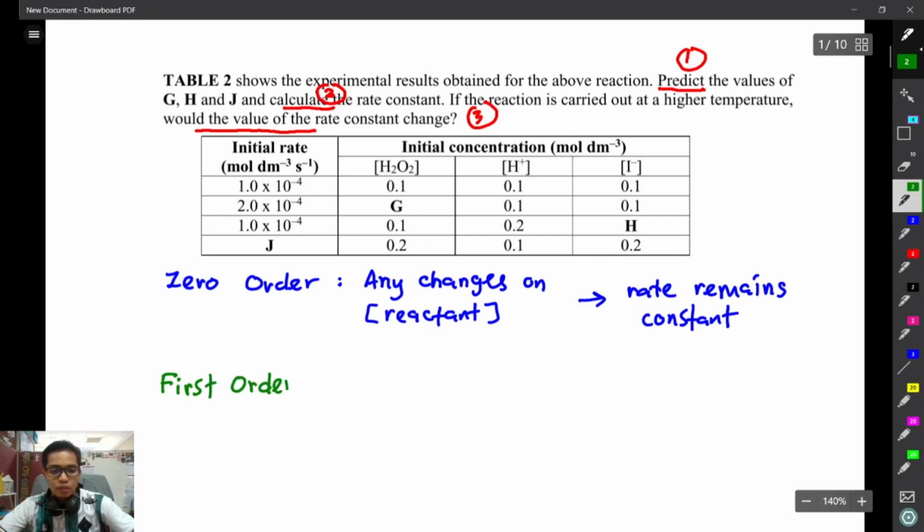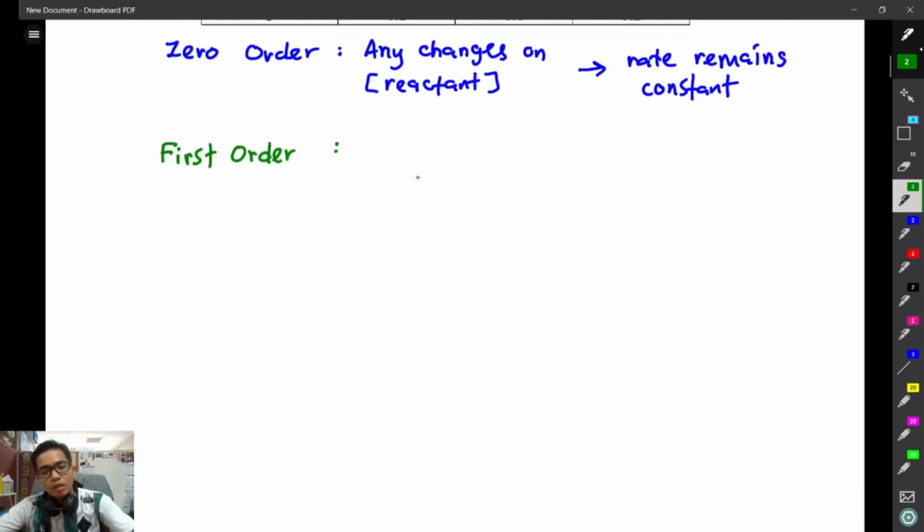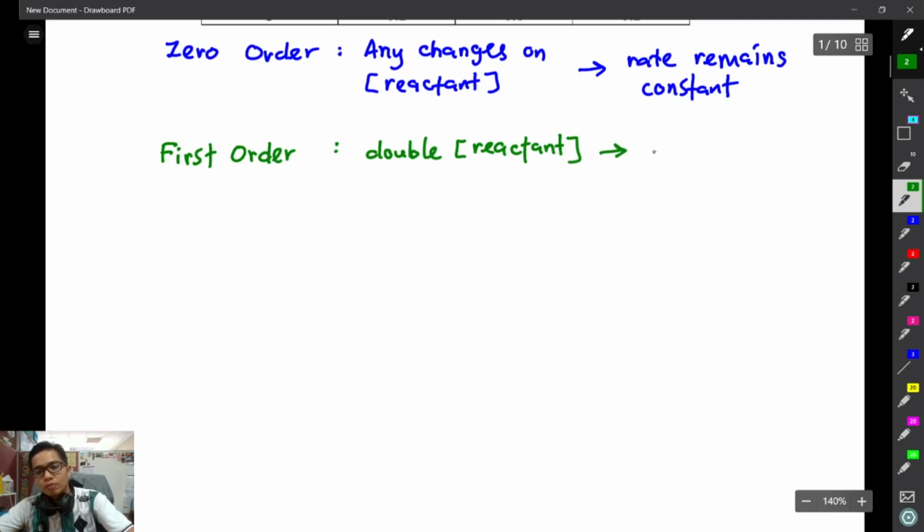First order. Okay. For first order, if we double the concentration of the reactant, alright, square bracket represent concentration, rate will be 2, double is 2, power of 1. Why 1? This one is referring to the order. 1 meaning first order. Okay.